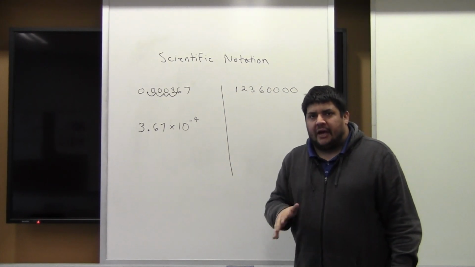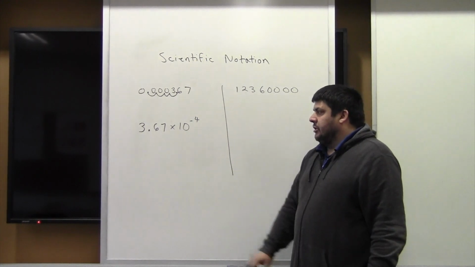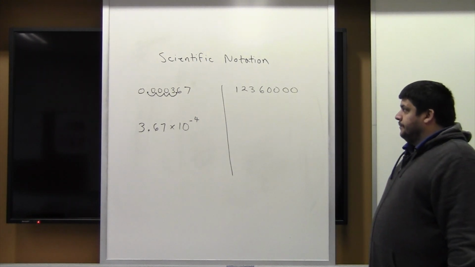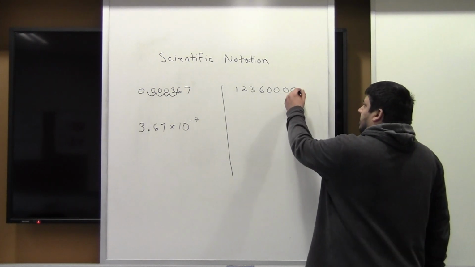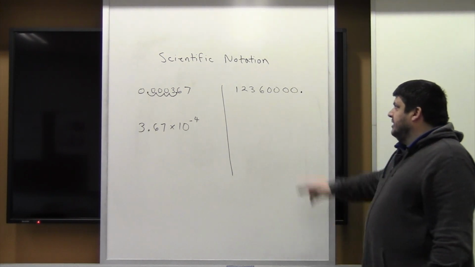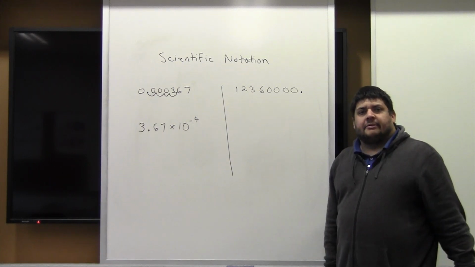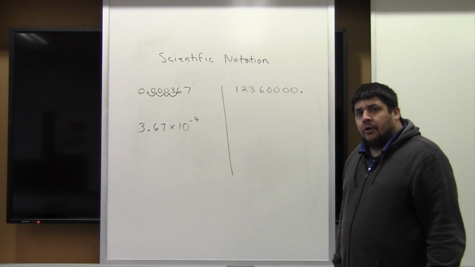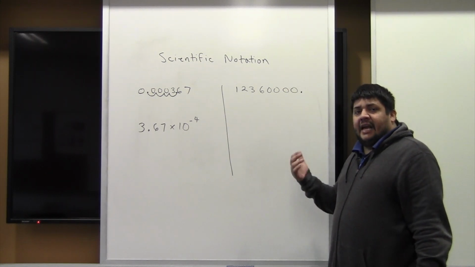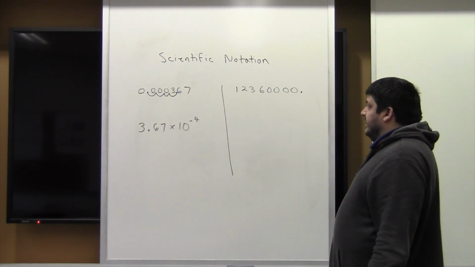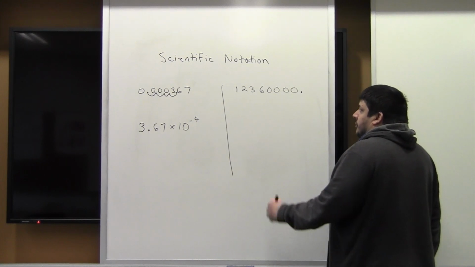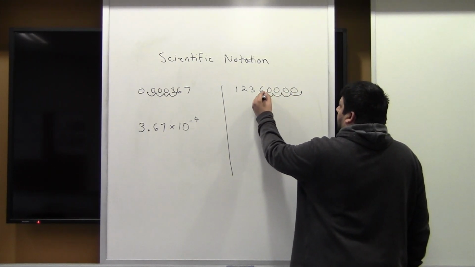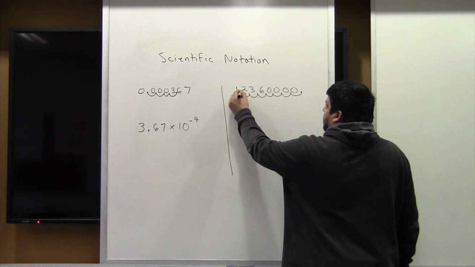Practice a couple of these and you'll have it. It's not that much to it on this. In this case, let's look at this one. Technically, when it's a big number, there's a decimal out here that's not written, but it's implied that it's there. We don't need to put it there if it's a whole number, but we need to put it there in this case to see how many times we have to count. 1, 2, 3, 4, 5, 6, 7.